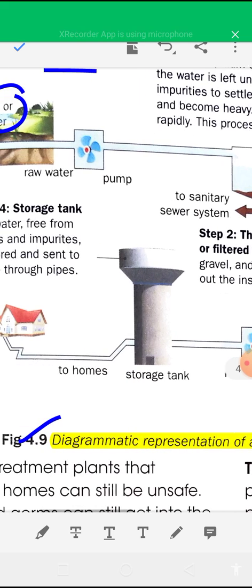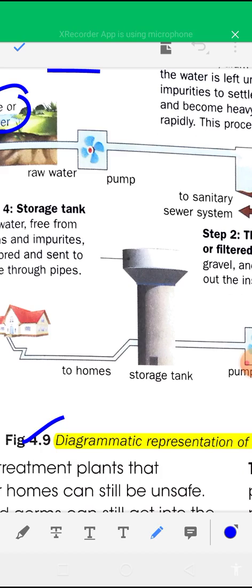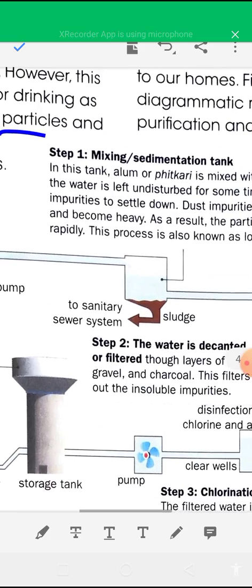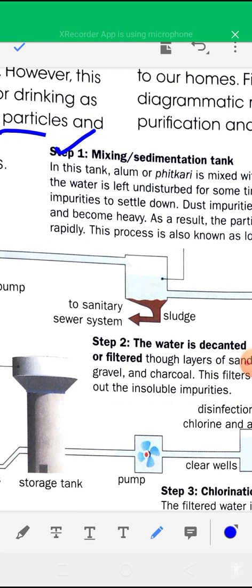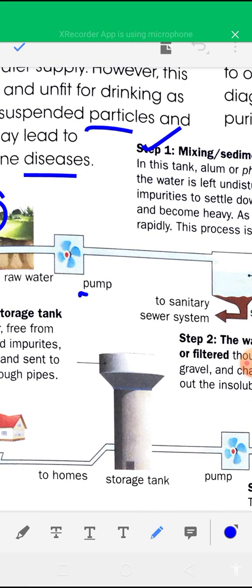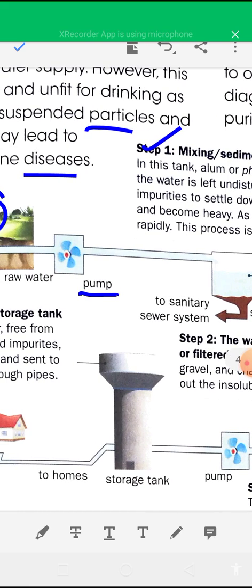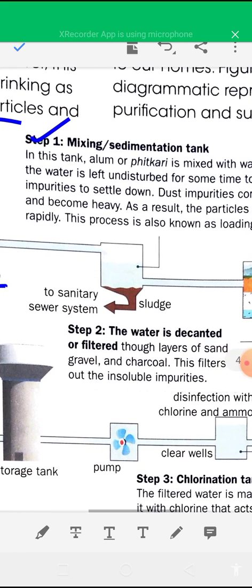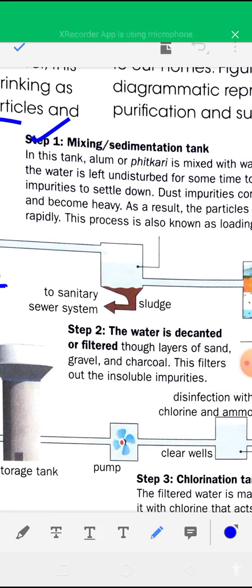First, water is sent to a tank, and this tank is known as mixing or sedimentation tank. Step 1, using a pump, you have to send water from lake or river to this mixing or sedimentation tank.